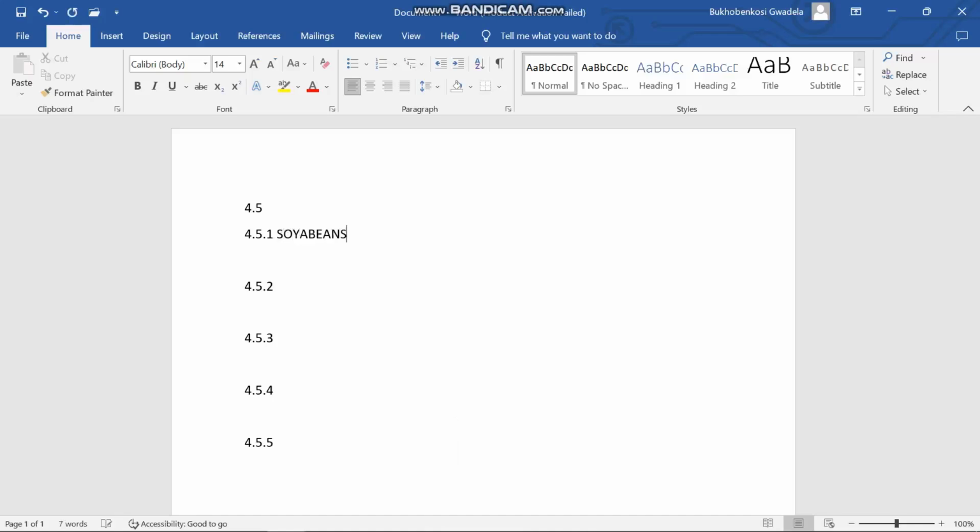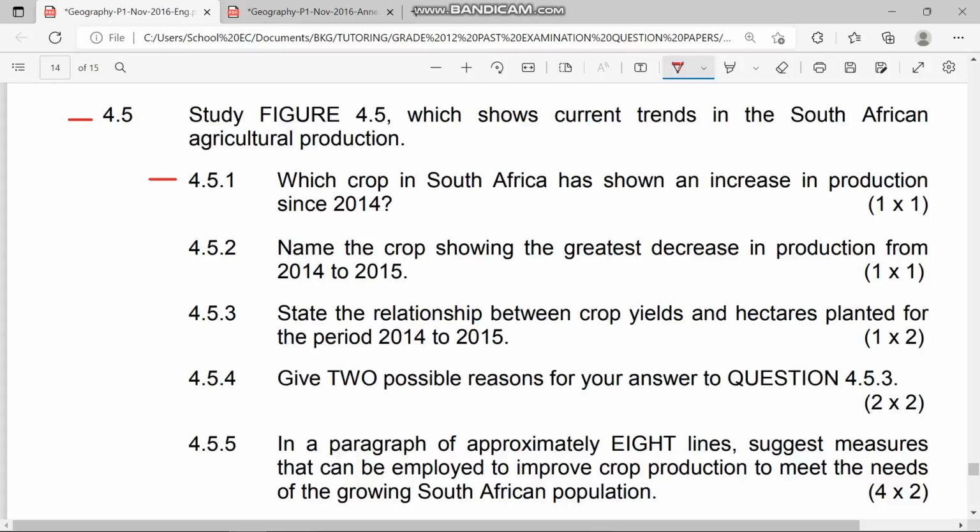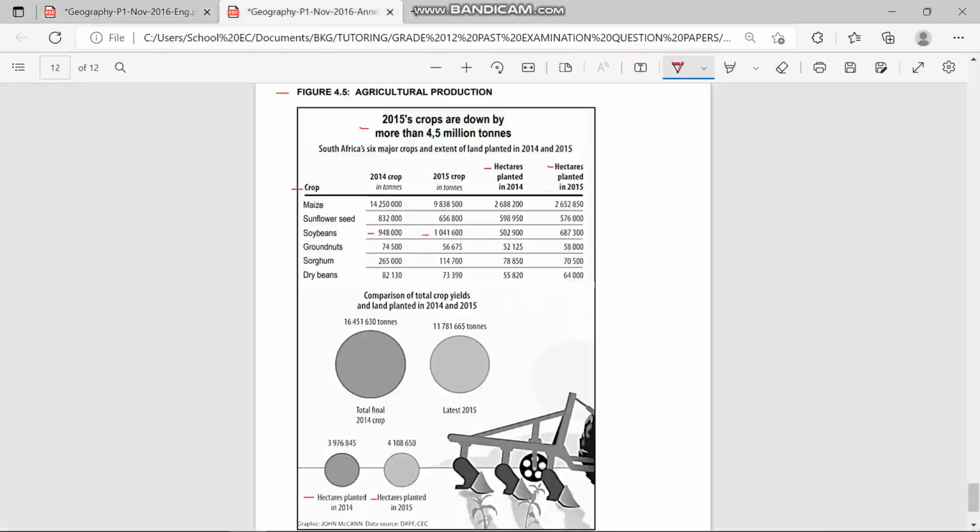4.5.2 says name the crop showing the greatest decrease in production from 2014 to 2015. The greatest decrease means this crop has a low number in 2015 compared to its 2014 crop yield.